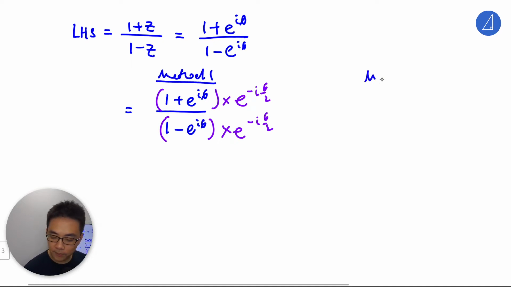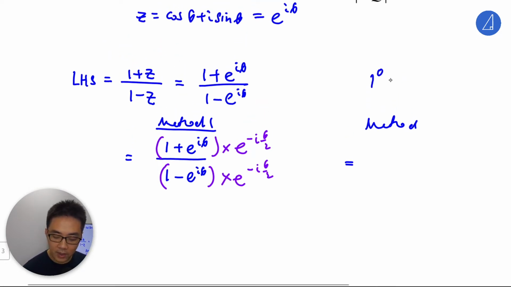Method 2 is that you just change it, factorize it out. So one is e^0, right? e to the power 0. So this one here you can change it to e^(i(theta over 2 minus theta over 2)) because it's 0.